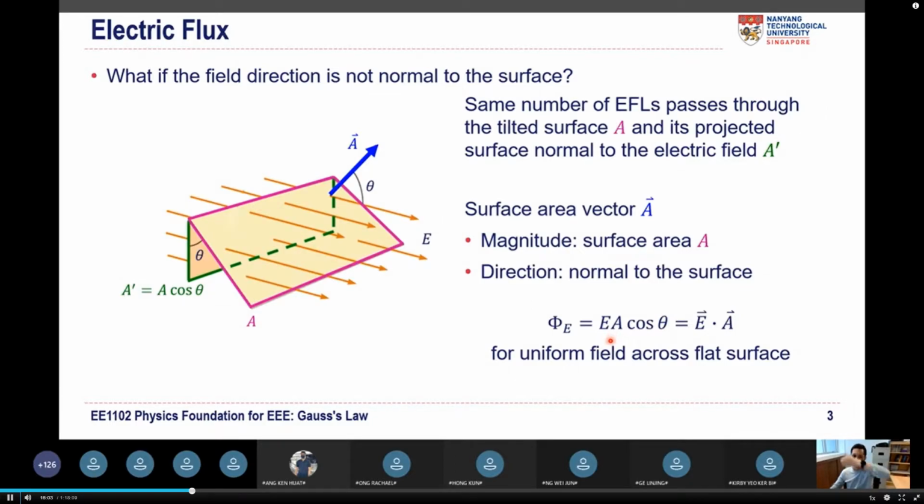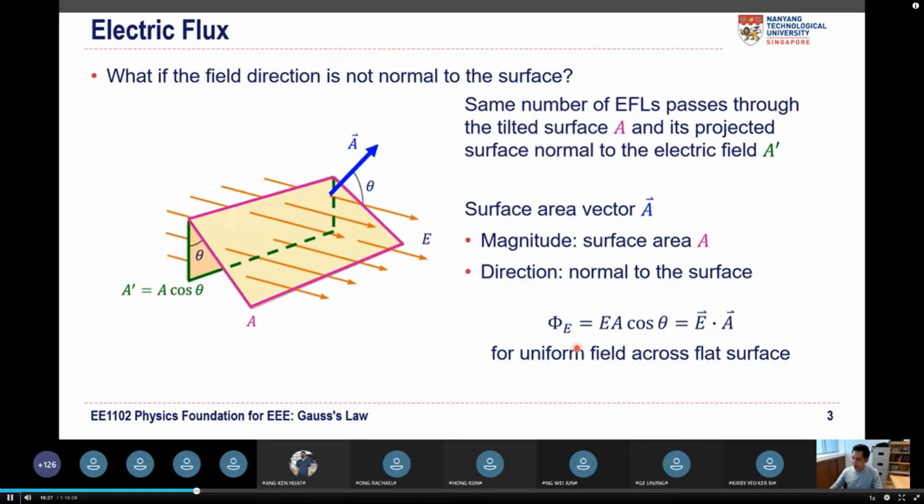And the maximum is when theta is 0. When theta is 0, the surface is at 90 degrees, normal to the direction of the electric field, and cosine of 0 is 1. So that gives us the maximum, E times A, at that point.